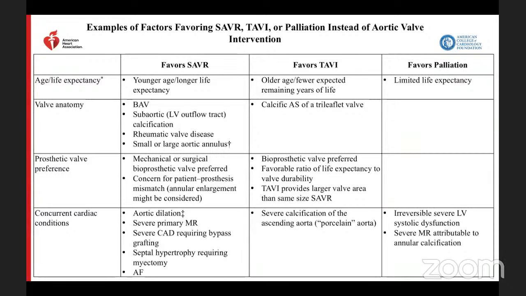I think mainly when it comes to the young population, the big difference between the TAVI and the surgical is that in surgical you can put a mechanical valve, unlike the TAVI, which is a bioprosthetic.